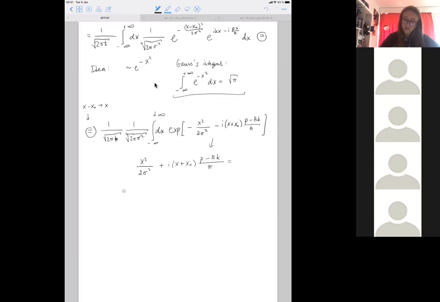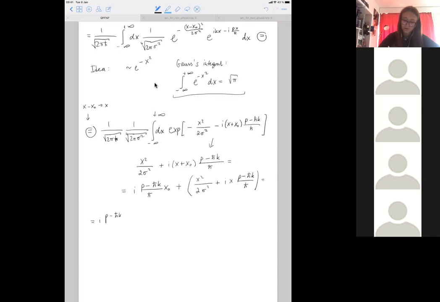We have a constant here with x0, which we can just take out of the integral. So this would be i p minus hk over h x0 plus we have x squared over 2 sigma squared plus i x p minus hk over h.